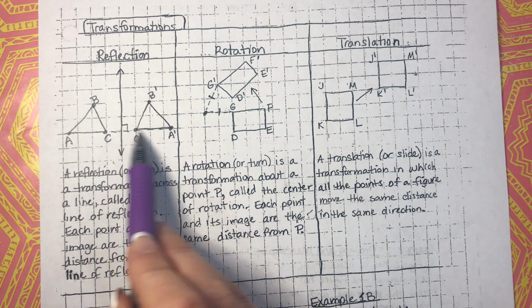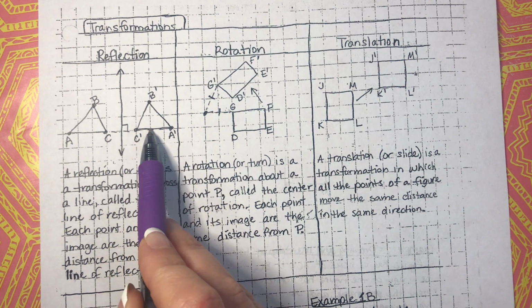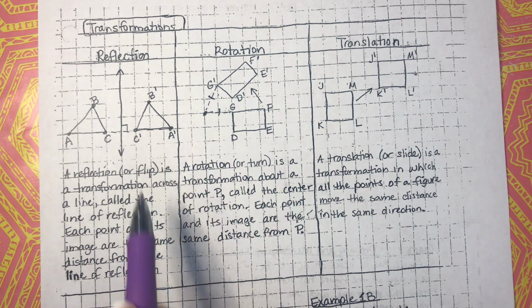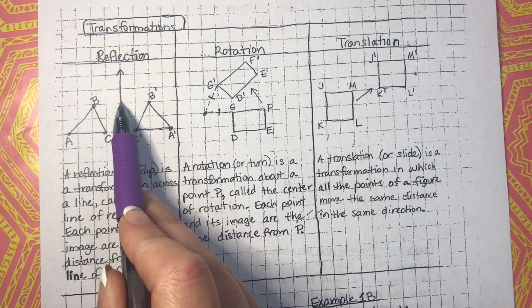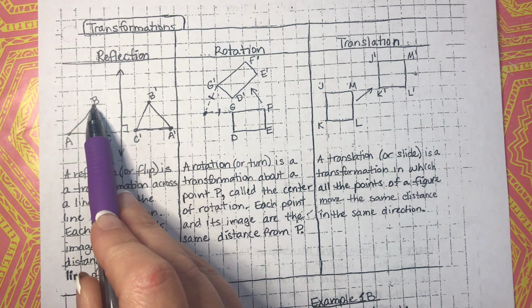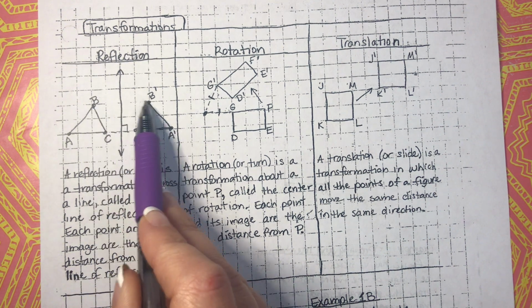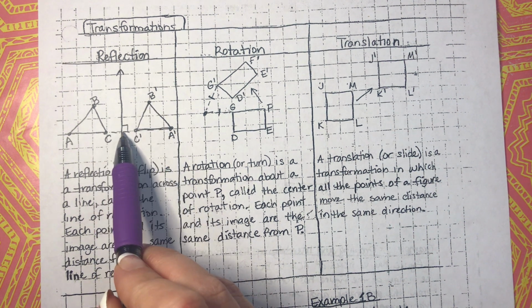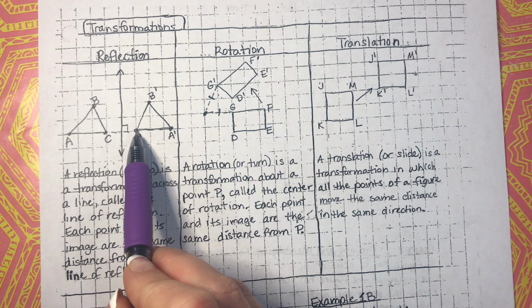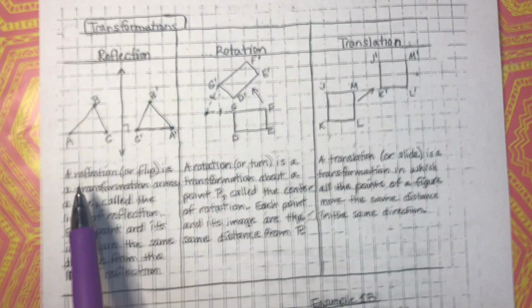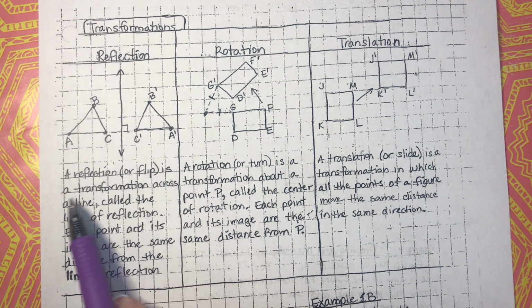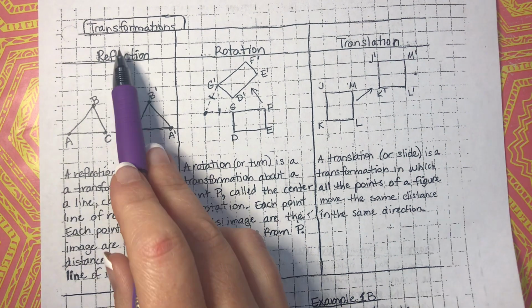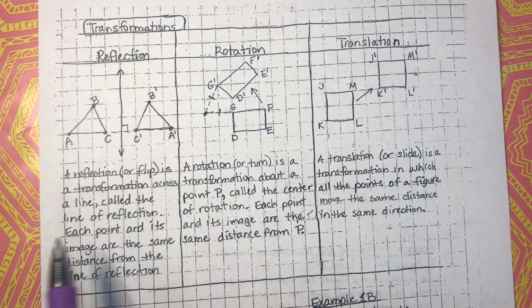The distance has to be 3.5 over here. That's right. What about B? How far is B from this line? 1, 2. That means B prime has to be the same distance, 1, 2. What about C? C is 1 from this line, and C prime is 1 from that line. So a reflection, or a flip, is a transformation across a line called the line of reflection.